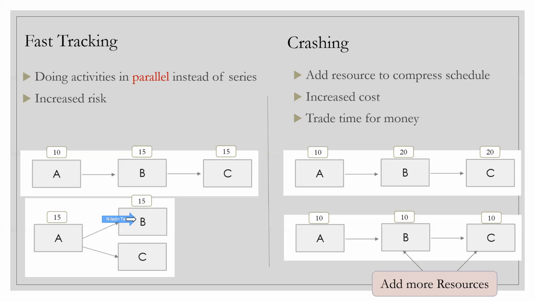Now, let's talk about the other one, which is crashing. When I talk about crashing, it means that we are going to add more resources to compress the schedule. Again, a very common problem solving by any of the management. You talk to your senior lead and say, okay, I can finish this work in 5 days.